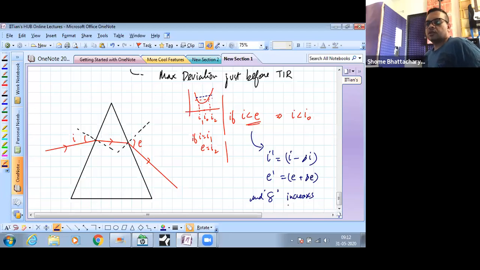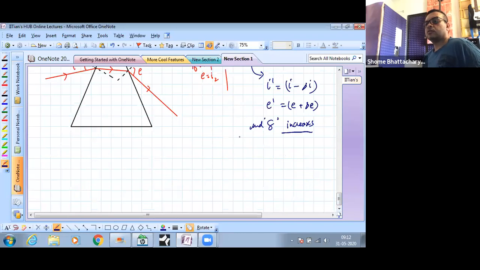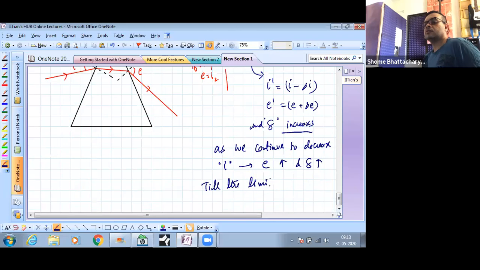Okay. So like this, how much can I increase this emergence before emergence stops happening? As we continue to decrease our angle of incidence, what happens is e increases and delta increases till we reach a limiting situation, till the limiting value of i for which delta becomes maximum.